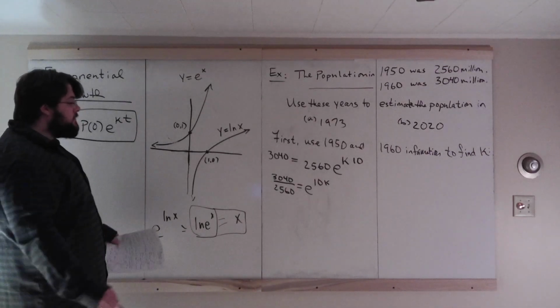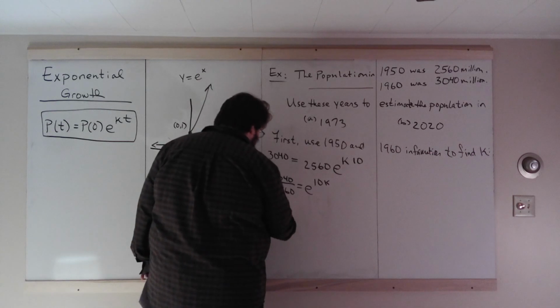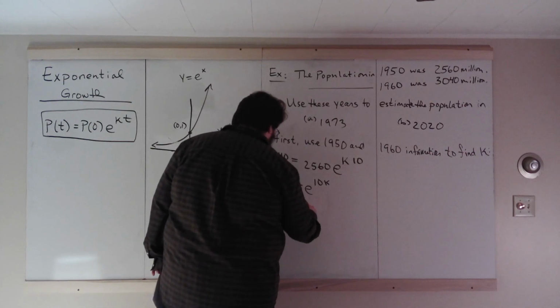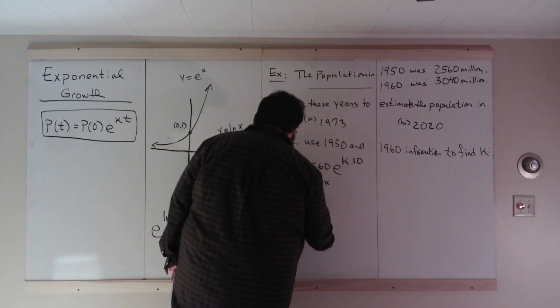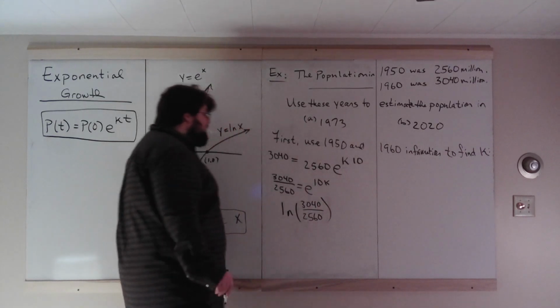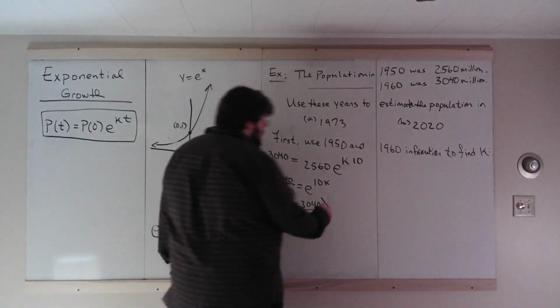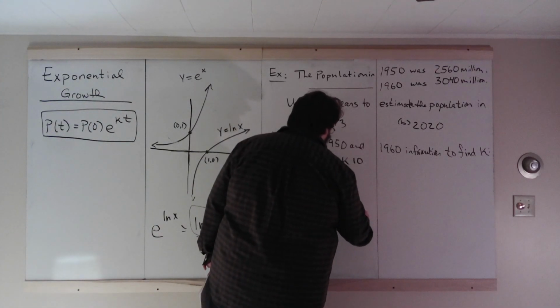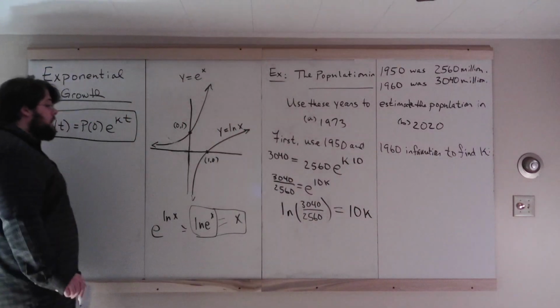In this case, we're solving for 10k by taking a logarithm on both sides. Logarithm on the left is log of 3040 over 2560. Log on the right is just 10k. Remember, log and e will cancel.